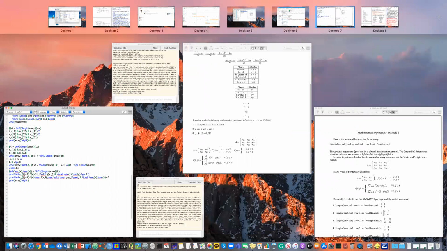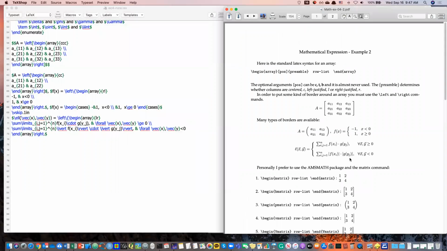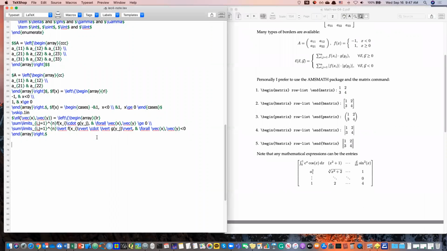Now next one. Oh yeah, right here. Personally, I prefer to use the AMS math package and the matrix environment, so that you can replicate any type of matrix without using array.